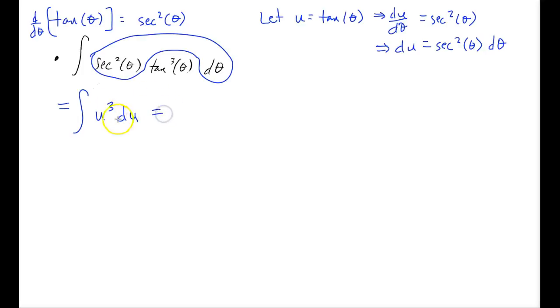So now we just have to take the antiderivative of that, which will just be u to the 3 plus 1 over 3 plus 1 plus c. Of course, there's u to the 4th over 4.